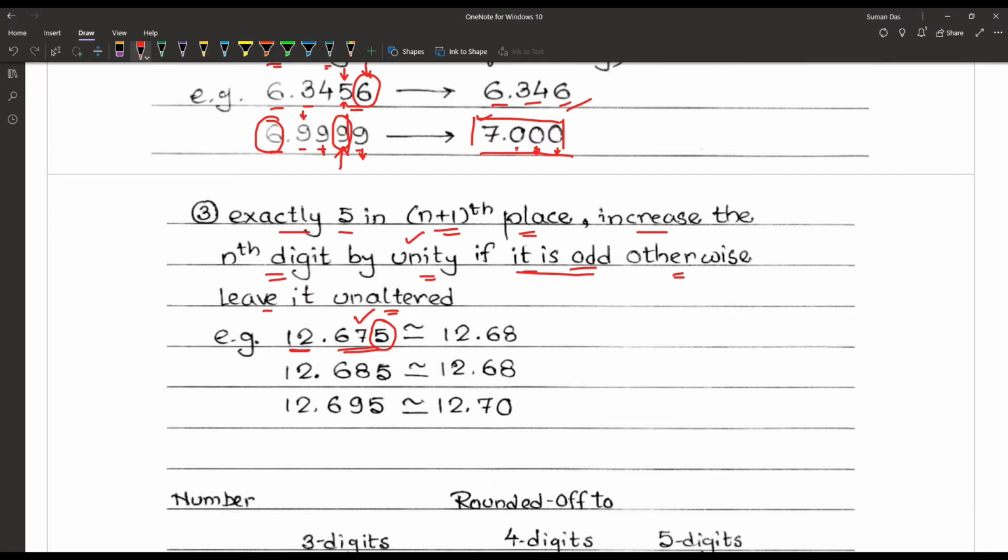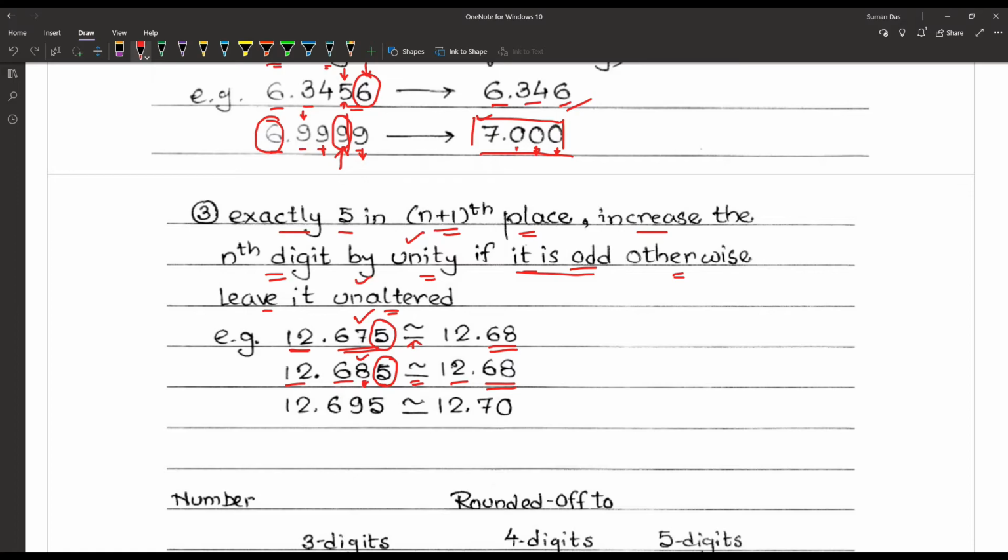So 12.675 is nearly equal to 12.68. Next number, 12.685. 5 at the third place after the decimal point, and here 8, that means that is even, so that must be unaltered. So that is nearly equal to 12.68.